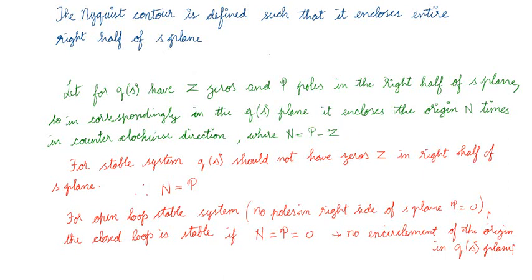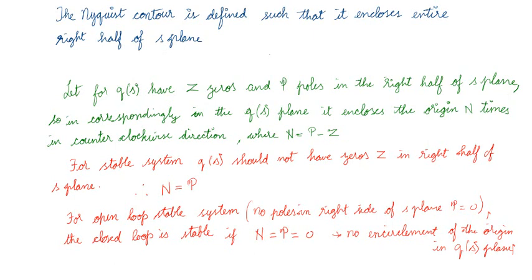Zeros will contribute minus 2 pi. Each enclosed zero will contribute an angle of minus 2 pi. Okay, here what you are doing is you are taking Q(S).